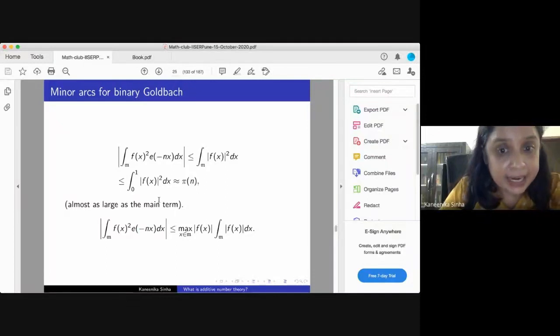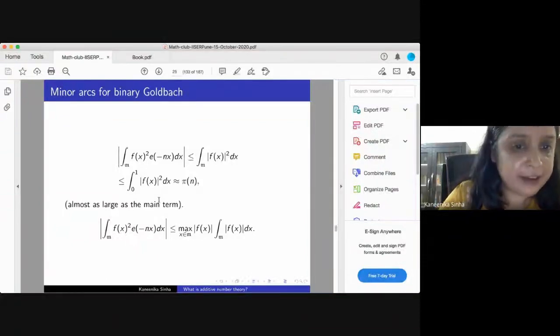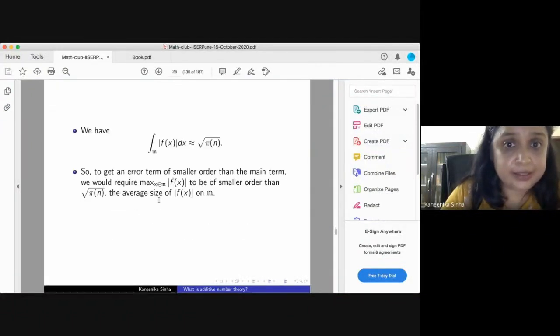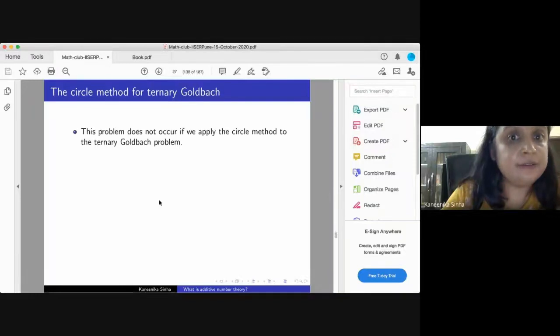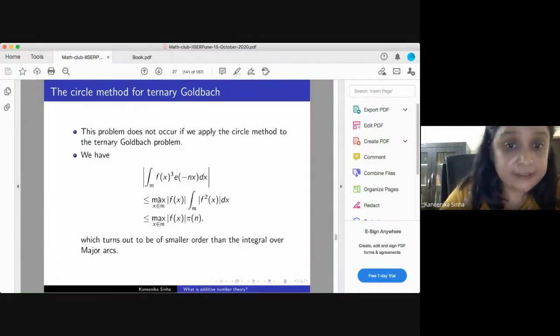However, this idea of bringing one power of absolute f of x outside works perfectly fine for the cube case, when you take f of x cubed. So therefore, for the ternary Goldbach conjecture, the circle method works very well, but it is ineffective. Okay, it tells you that for sufficiently large values of n, the integral can be shown to be positive.